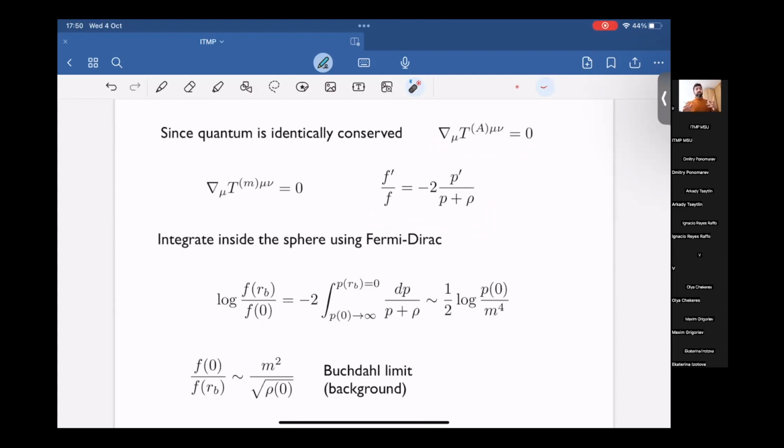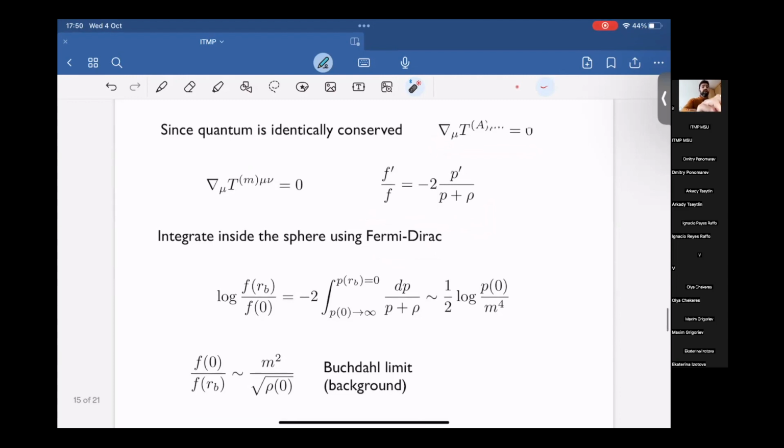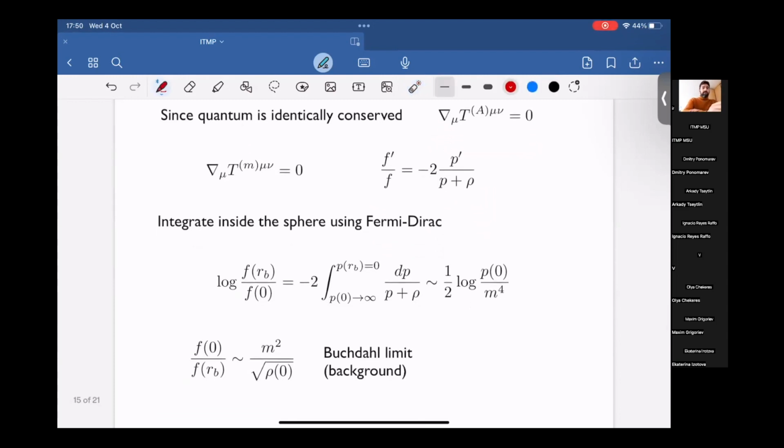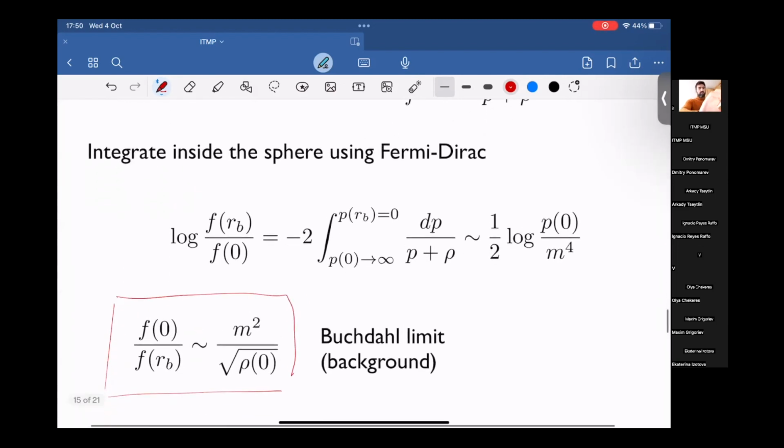The interesting thing, though, is that you can actually solve this equation analytically for the Fermi-Dirac distribution. Let me spare all the details. You just need to perform a very simple integral. The result that you get at leading order is this. So this, again, if you take the Dirac at 0 temperature, gives a relation between the redshift, so the value of the lapse function at the origin, which is becoming very, very small, as we said in the Buchdahl limit, and the central density, which is becoming very, very large in the Buchdahl limit, right?